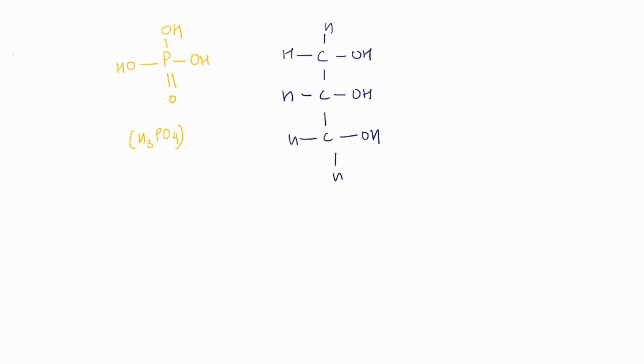What is the formula of choline? It has CH3, CH2, and CH3, CH3, CH3. This is what we call choline.